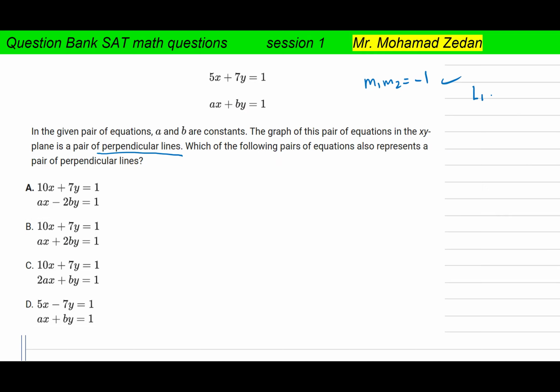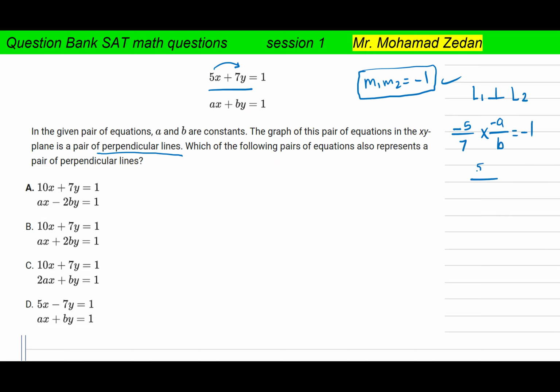So if L1 is perpendicular to L2, the product of their slopes must be -1. So we apply this rule. The slope of the first line is -5/7, times the slope of the other one, which is -a/b. This product must be -1.